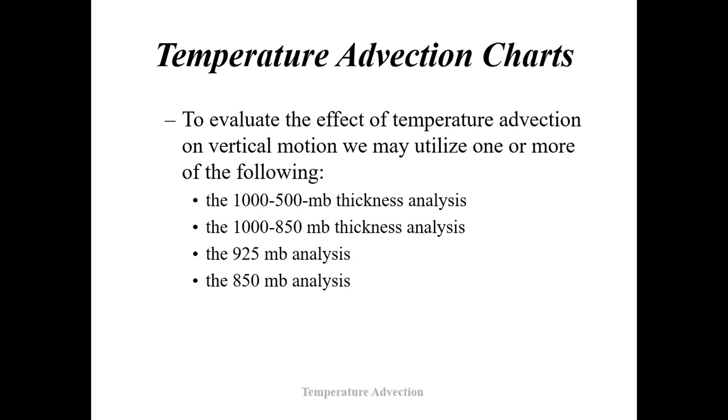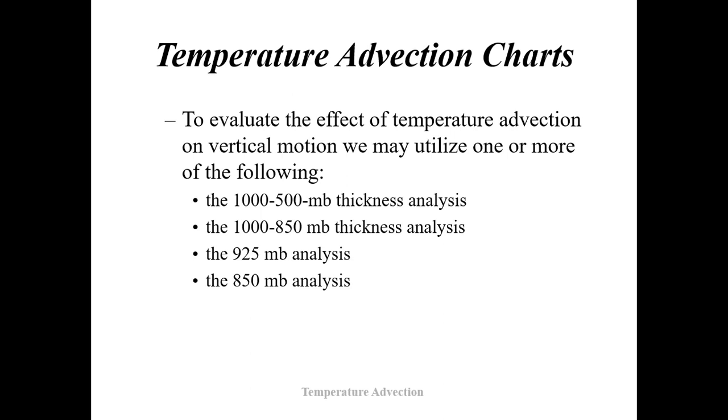In some locations, it's better to use the 1,850 millibar thickness analysis, and this would be in areas where you have shallow, cold, very dense Arctic air. So you have one of those very strong Arctic outbreaks in the winter where temperatures are below 0. You might want to use a 1,850 millibar thickness analysis.